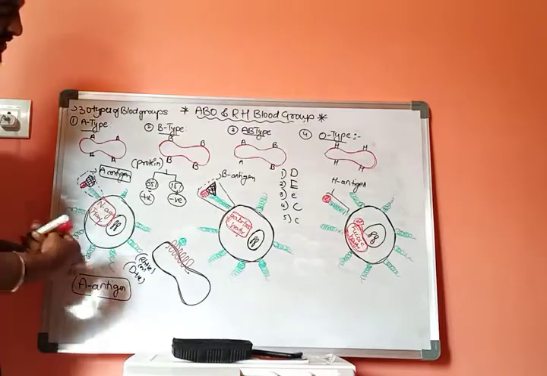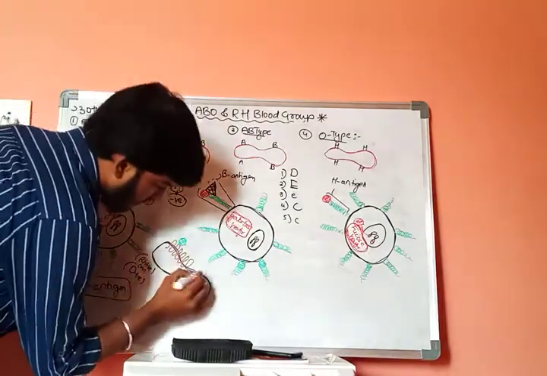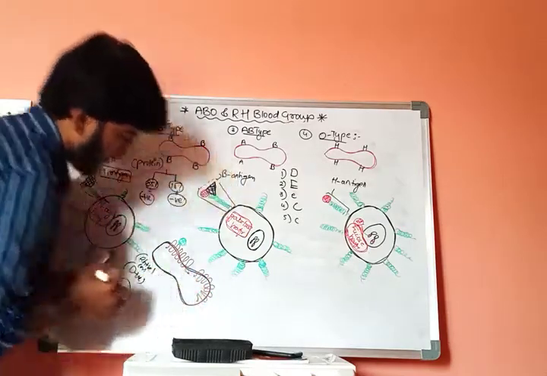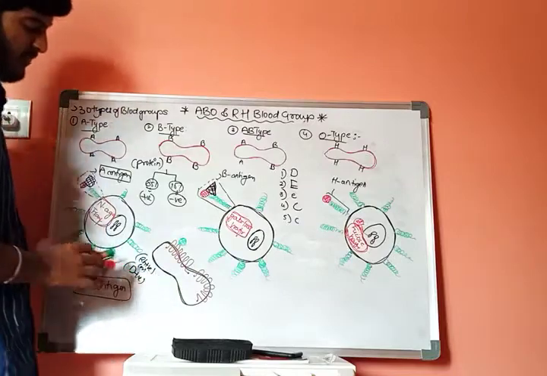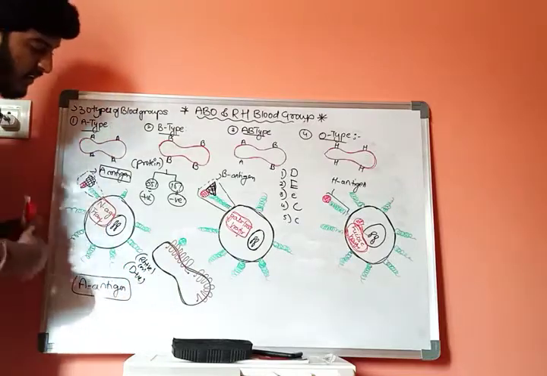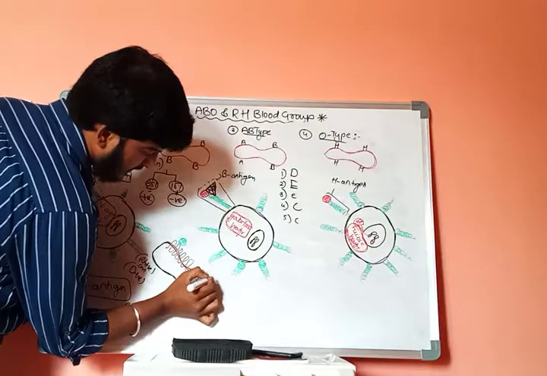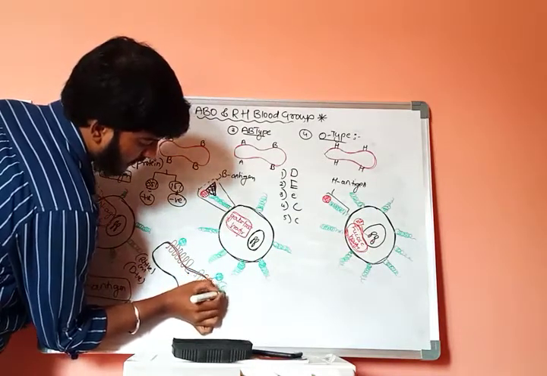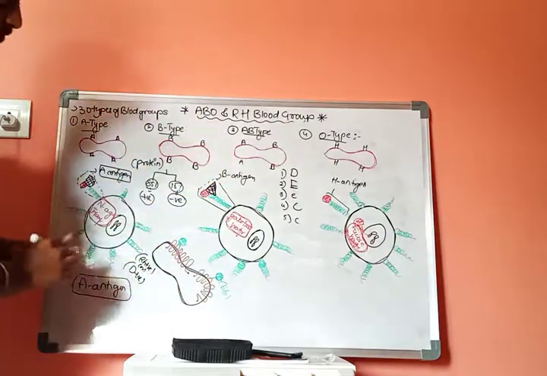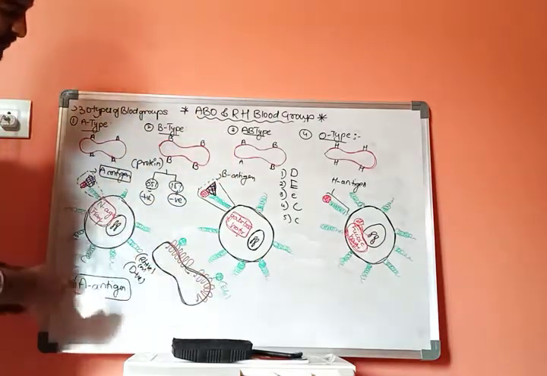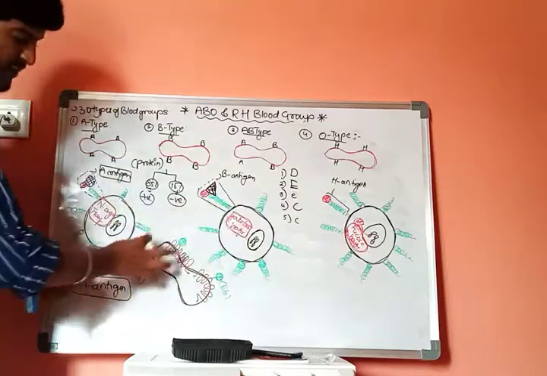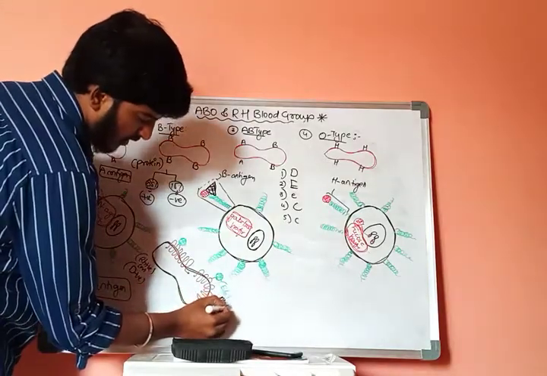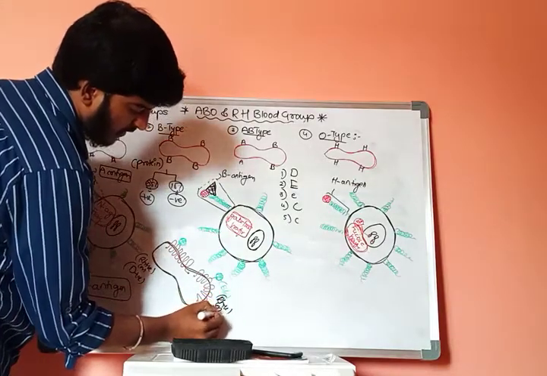In another case, when we consider one more protein, that is a peptide chain, in which the E type of antigen, capital E or small e, is attached to the surface of the RBC, it is called Rh positive or E positive.